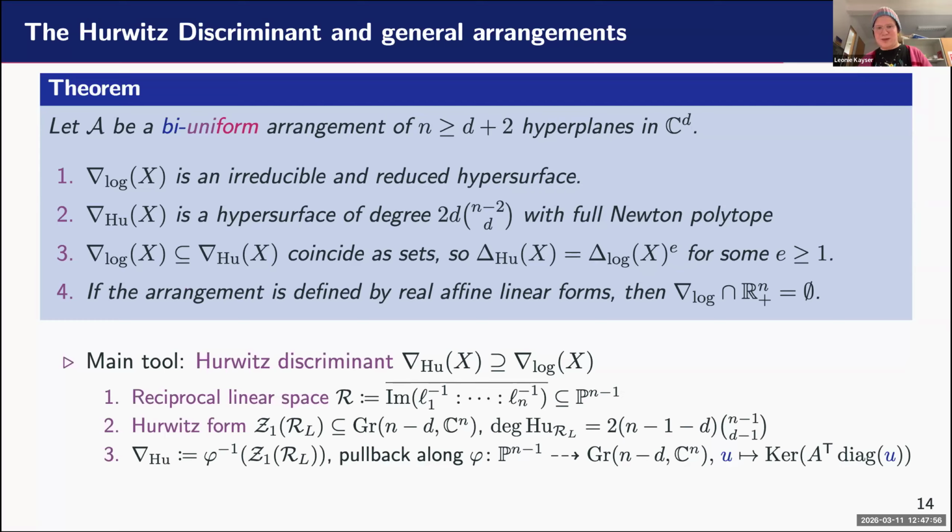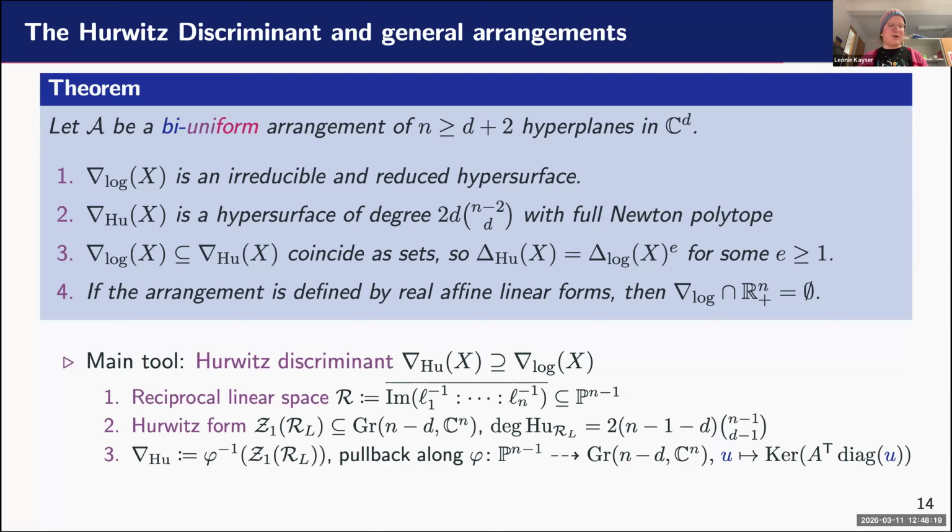And this was the previously mentioned positivity result. If the arrangement is defined over the real numbers, so by real affine forms, then the logarithmic discriminant does not intersect the positive orthant, which you may think is trivial from Varchenko's theorem that tells us that the critical points are isolated in each of the bounded components.